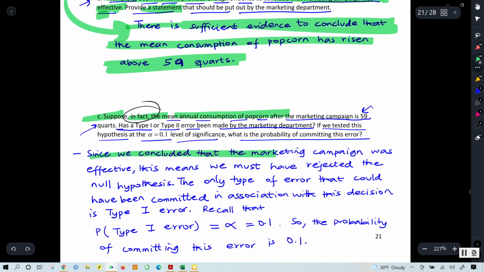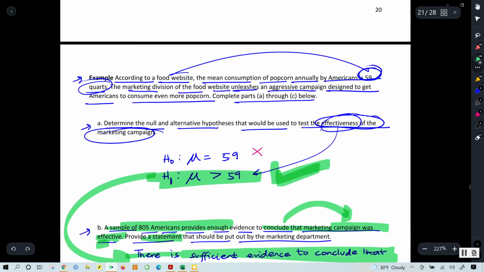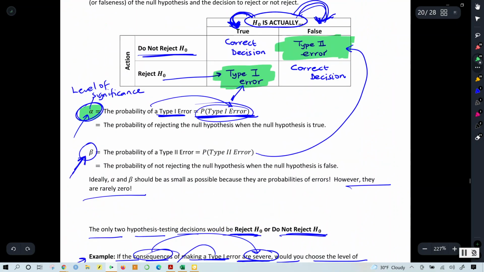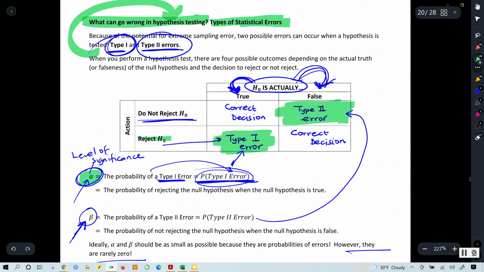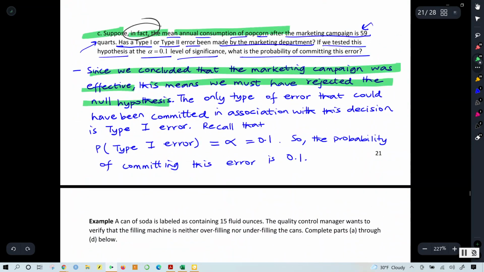Since we concluded that the marketing campaign was effective, this means we must have rejected the null hypothesis. Anytime we reject the null hypothesis, let's go back memory lane. The only time when we reject the null hypothesis, the only type of error we can commit in association with that kind of decision is the type 1 error. So that is what we have here.